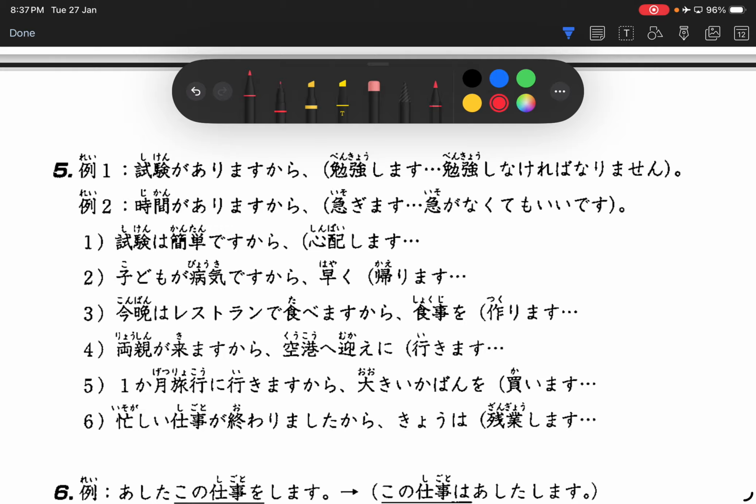Next. 両親が来ますから、空港へ迎えに行きなければなりません。The form is wrong. This is a group 1 verb.